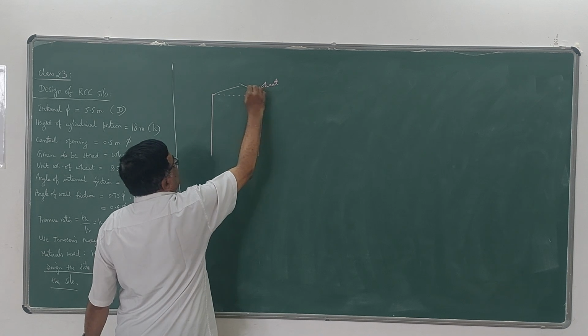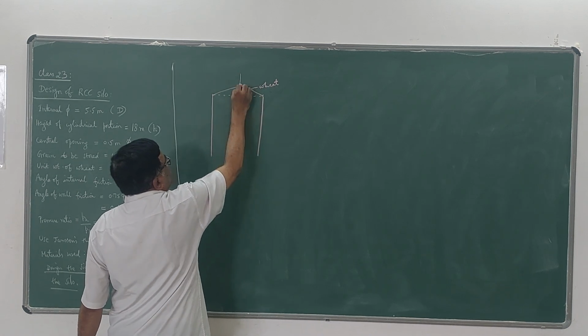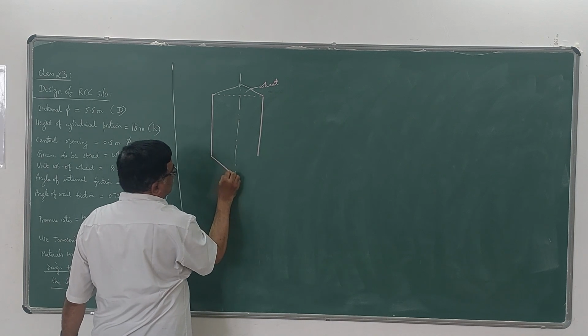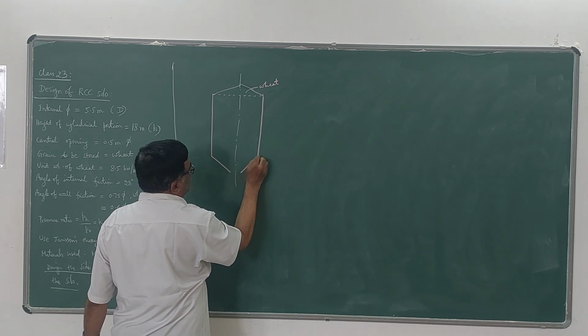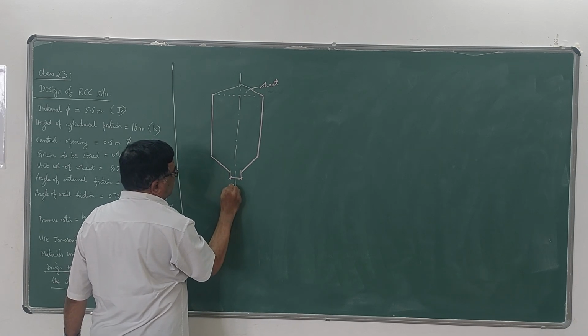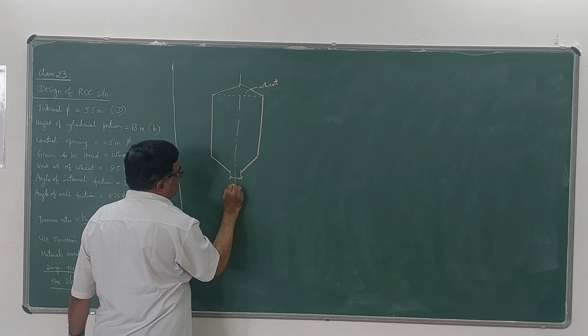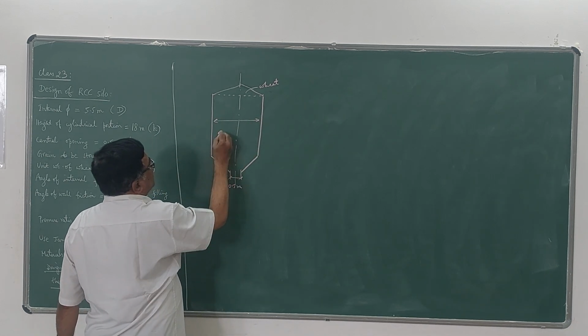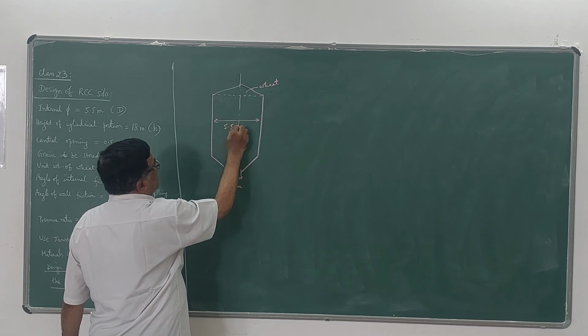If I take the center line of this, your hopper bottom portion will be something like this. This is the opening. He has given that this opening is 0.5 meter diameter, and the internal diameter of this cylindrical portion is 5.5 meter.